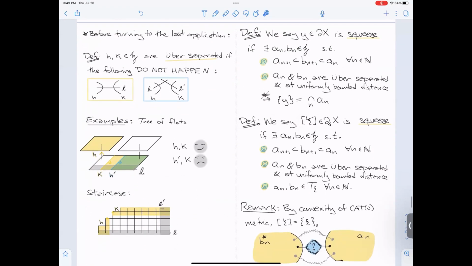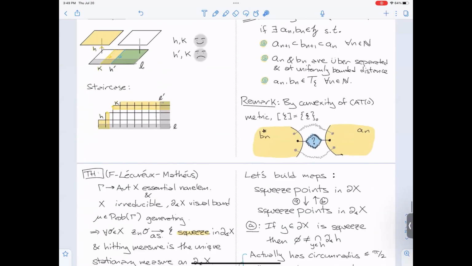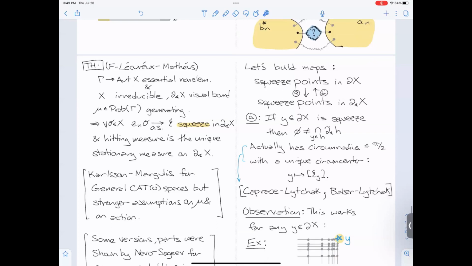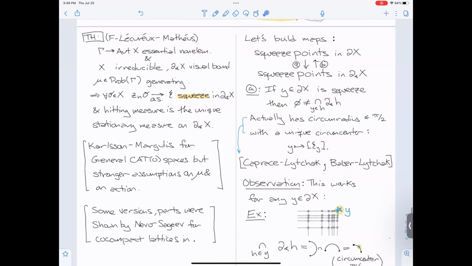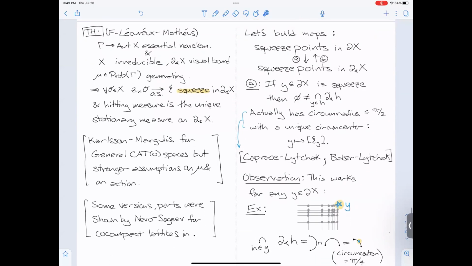So maybe I will just quickly say that there is a special subcollection in the Roller boundary called squeeze points that allow you to control CAT(0) geodesics.